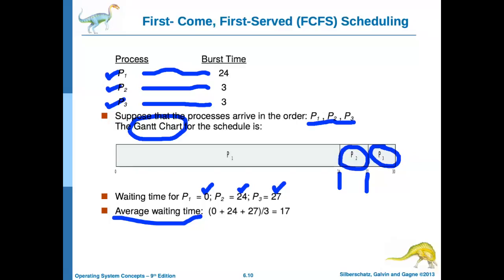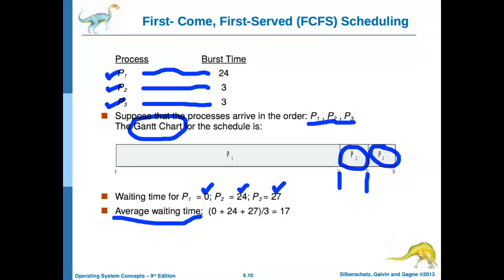Let me go to the whiteboard and write it here. It is the summation of Wi, where i is equal to 1 to n, divided by n. So this is the formula.